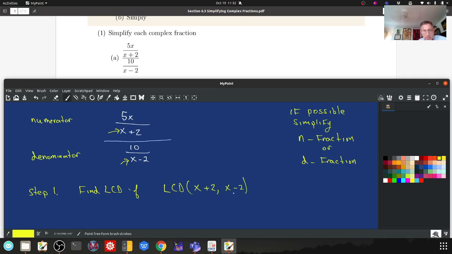Well, since x plus 2 and x minus 2 are both prime, that's just going to be x plus 2 times x minus 2. And you do not multiply these out. Leave them factored. Leave in factored form always.